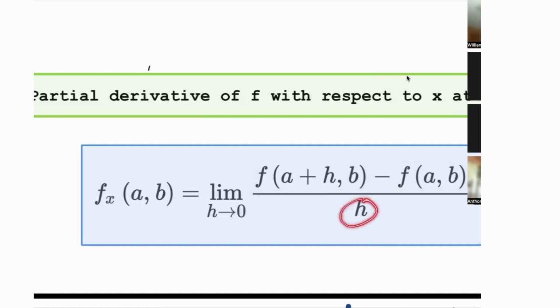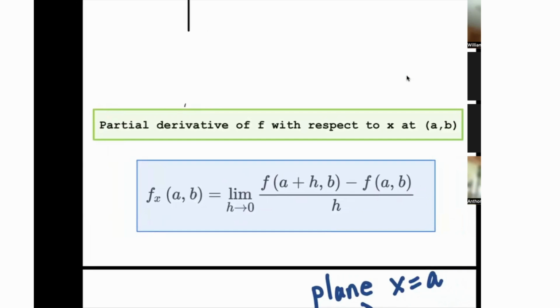And then we're dividing by h. That's the distance between a plus h and a. So this term here is our delta x, the denominator represents delta x, the numerator represents delta y, and then by taking a limit, we're getting a derivative, a sort of instantaneous rate of change. Okay, so I hope that's clear.